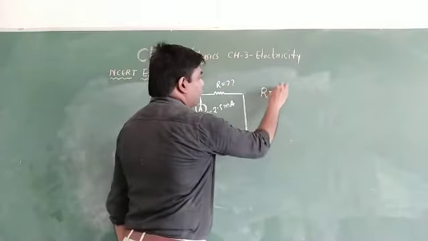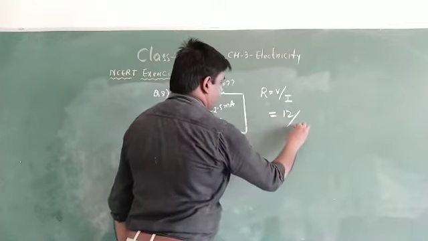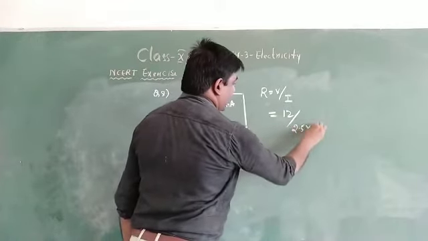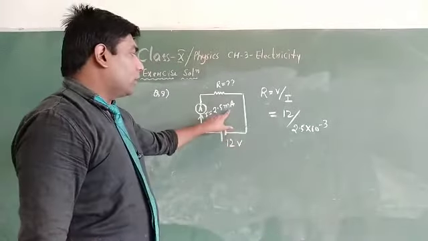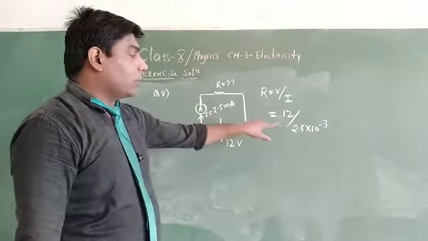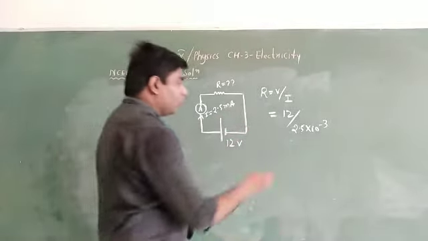You know R is equal to V by I. See, in this, students forget to convert milliampere into ampere. They just write 2.5. Now it is milliampere, no? So you have to multiply by 10 to the power minus 3, right?